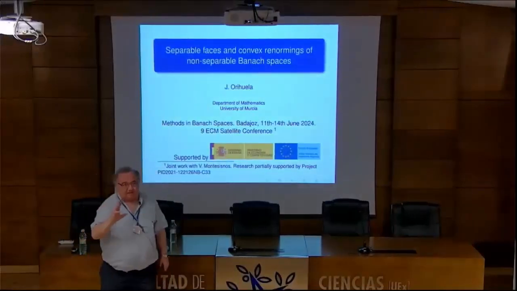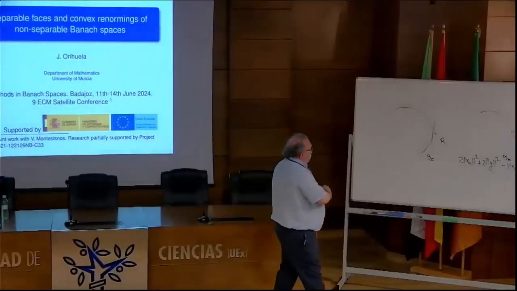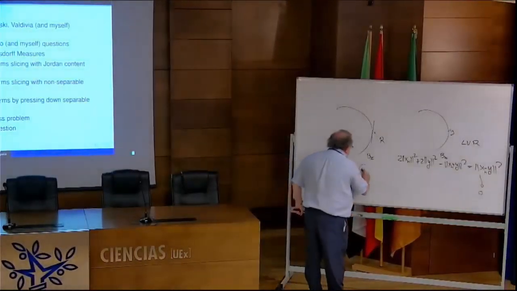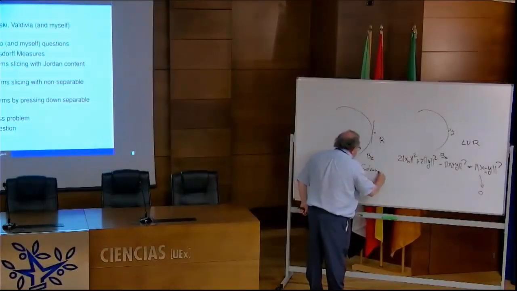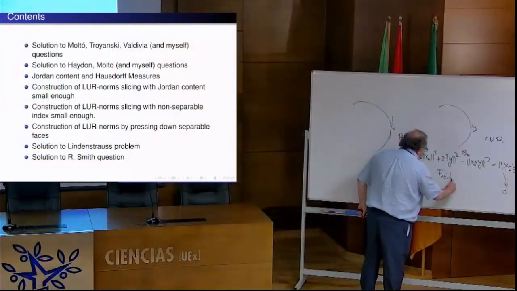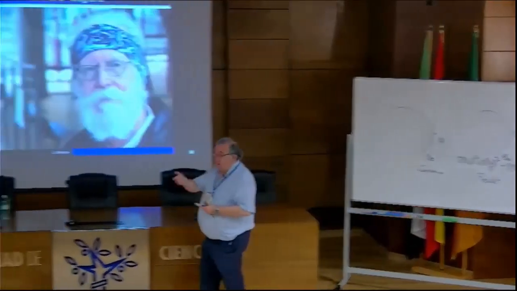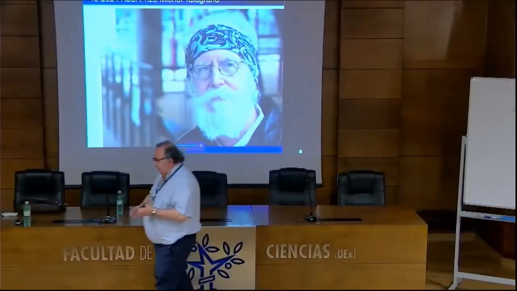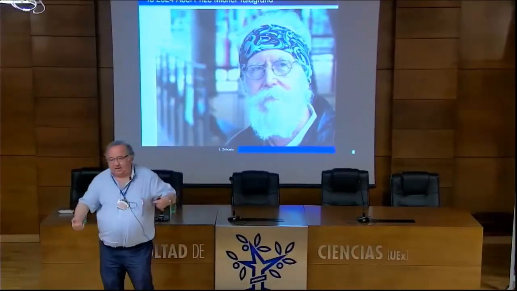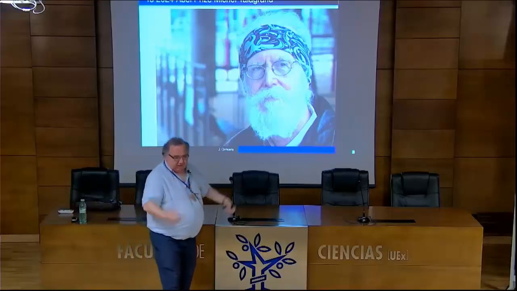So that's the meaning of locally uniform rotundity. This is related with Gateaux differentiability, and this is related with Fréchet differentiability, by duality, in the sense that this convexity property of the dual norm implies the pre-dual norm is Fréchet or Gateaux, whatever.